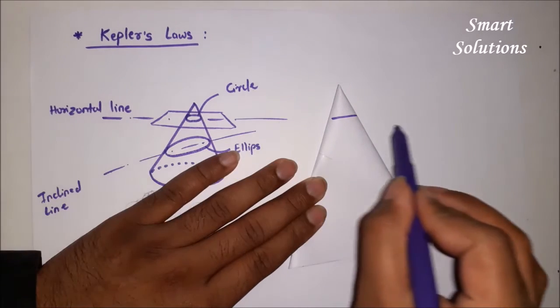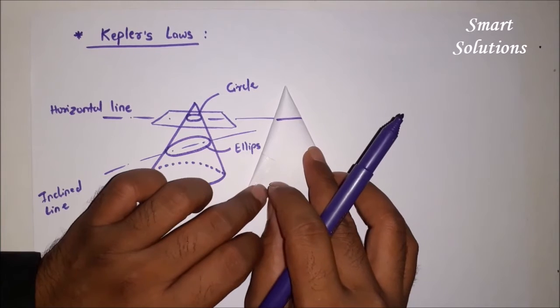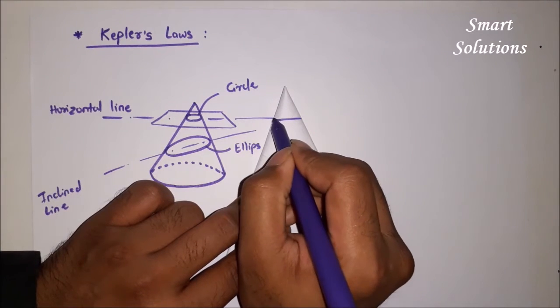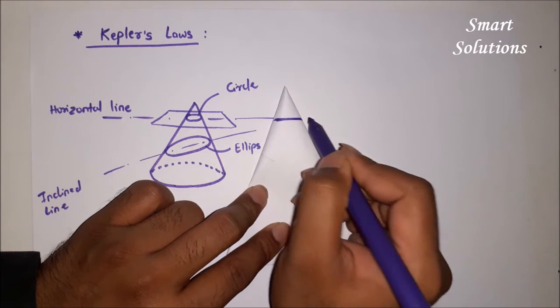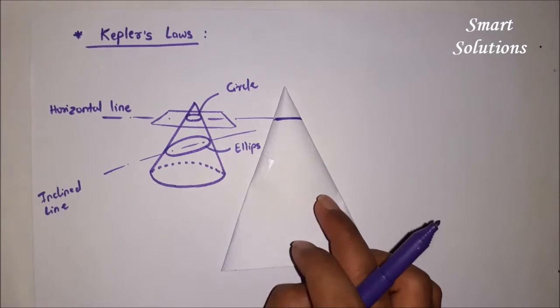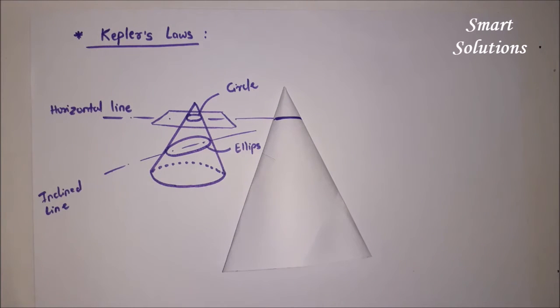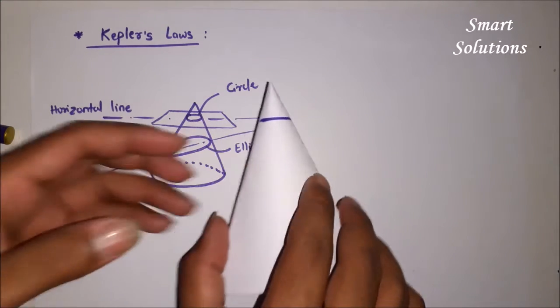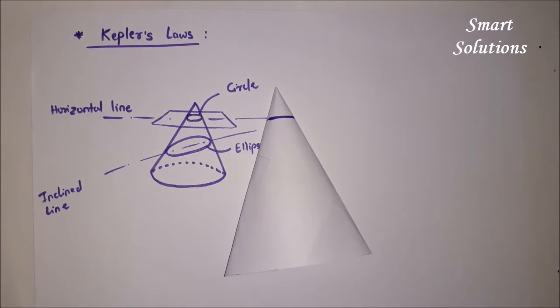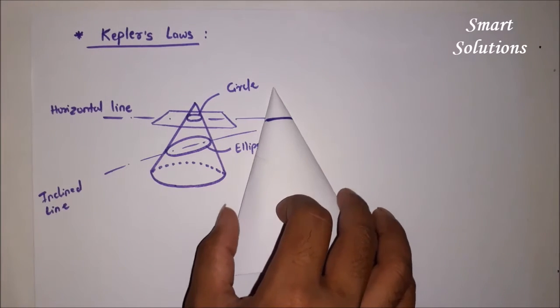This is our horizontal direction, and we are going to cut this in this horizontal direction. After cutting, let us observe what shape we will obtain.